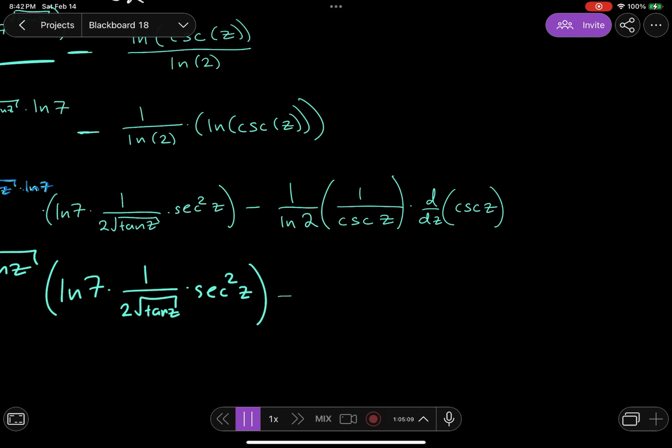This is minus 1 over the natural log of 2 times, another name for 1 over cosecant z is sine of z. And the derivative of the cosecant of z is the derivative of the reciprocal of sine. And you can do a little bit of work to show that that is going to be, oh my gosh, what is that? Minus cosecant of z times cotangent of z.